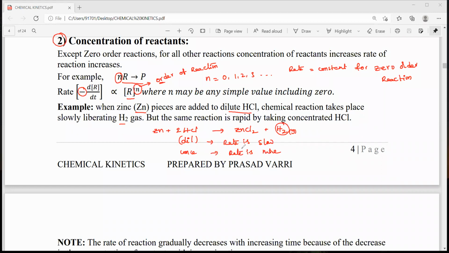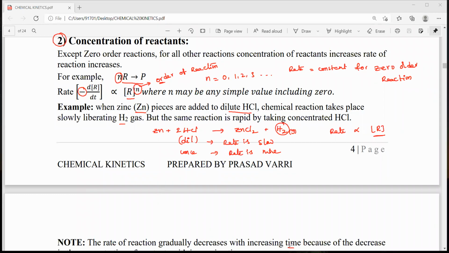Okay, dear students. So the rate is always directly proportional to the concentration of reactants. If the concentration of reactants increases, the rate of the reaction will increase. Generally, as time goes on, the rate of the reaction gradually decreases.